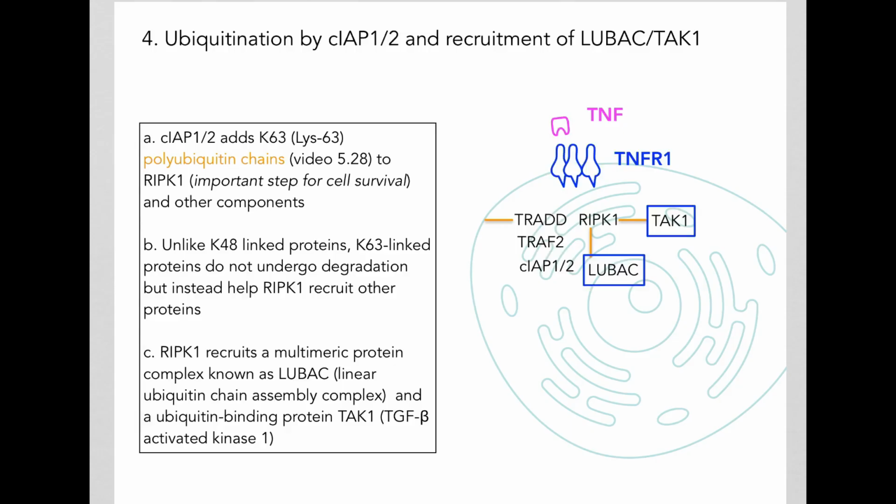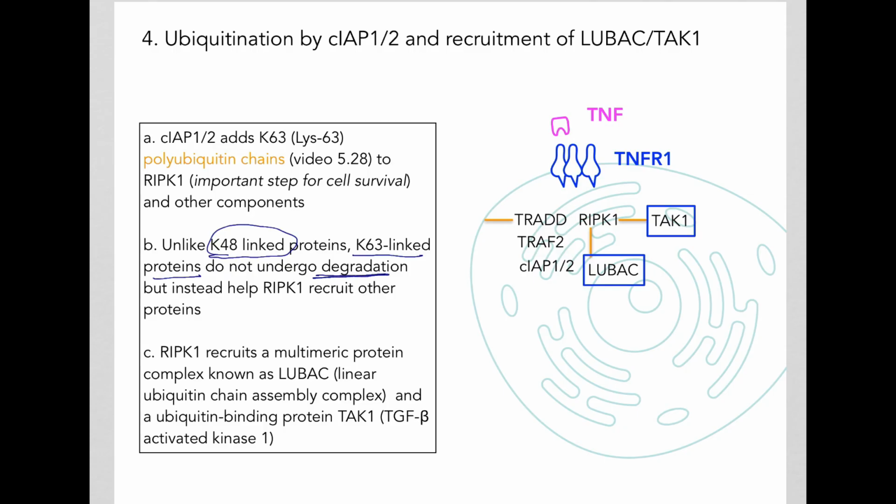We talked about this ubiquitination in video 5.28. So for a refresher, you may want to look at video 5.28 for this ubiquitination process. Now, unlike K48 ubiquitin chains added to proteins, K63 linked proteins do not undergo proteasomal degradation.